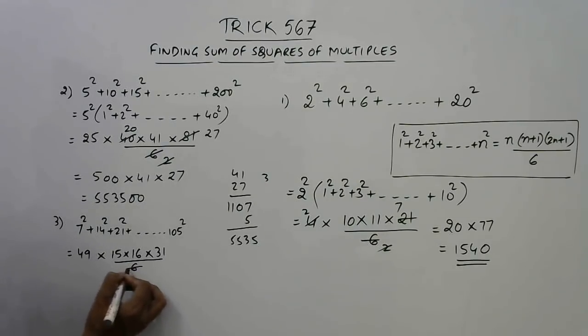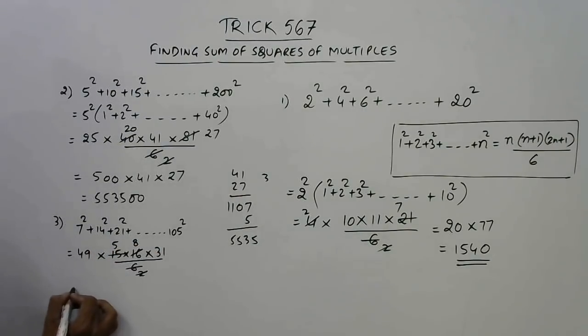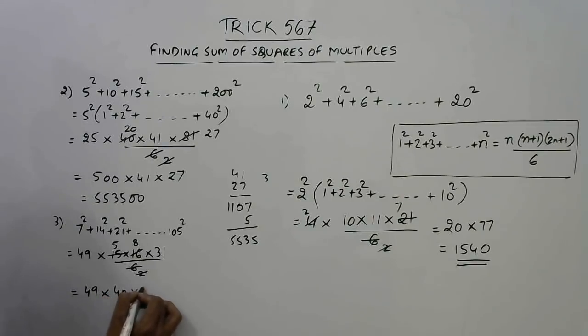Now we can cancel this 2, 5 and 8. So we have the simplified form 49 into 8 5 is a 40 into 31.